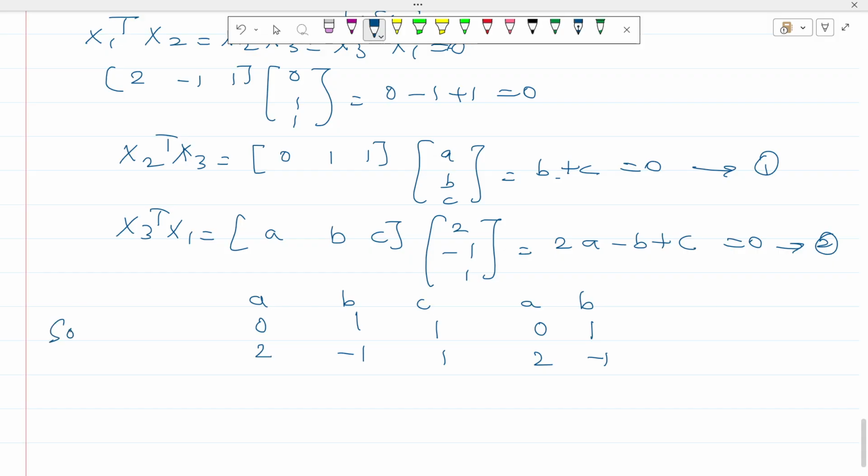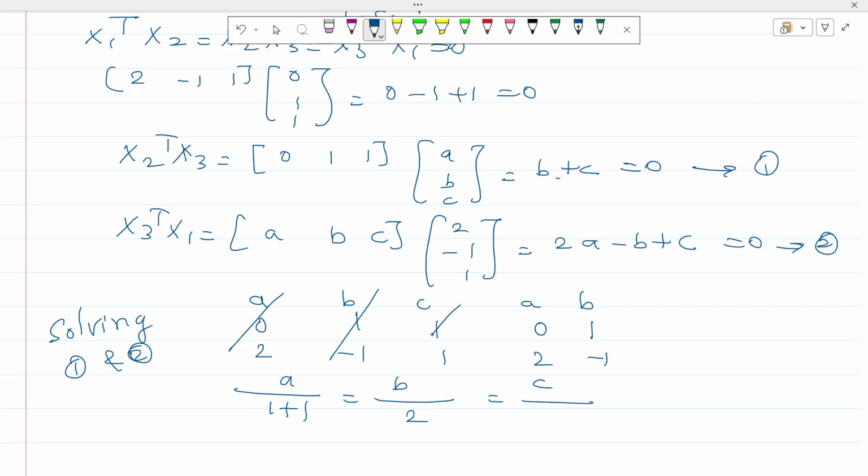So solving 1 and 2, we will get A. As usual, you can write that, leave the first column, then 1 plus 1. B is, leave the first column, 2.